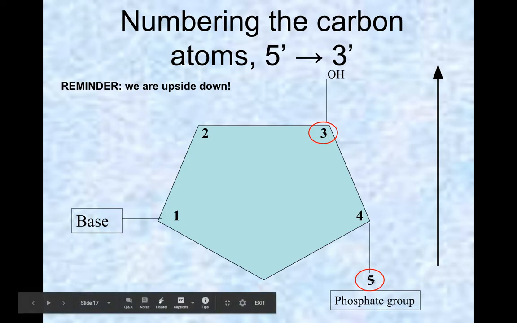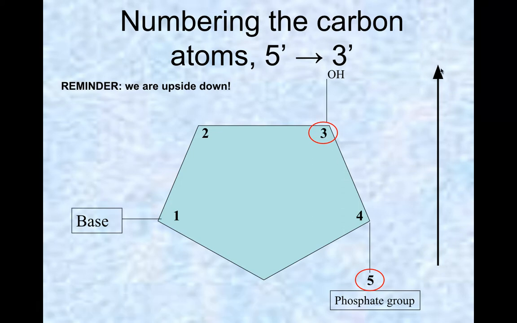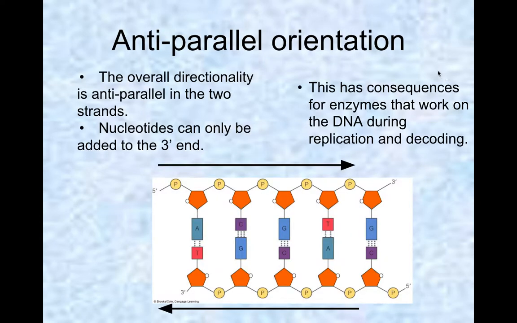If we're looking at 5 to 3, it's now going in the upwards direction. Okay, so blowing this up, overall, here's a nucleotide. Where the phosphate is its 5' end, and where it attaches down here is its 3' end. So 5 to 3, 5 to 3, 5 to 3.